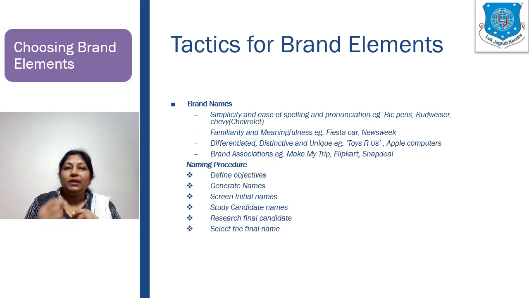Then study the candidate names, each one of them, and how it is going to affect. Then research the final candidates, because you have selected a few, and from them you find out that this would not be affecting across boundaries, across categories, and then finally you choose that.